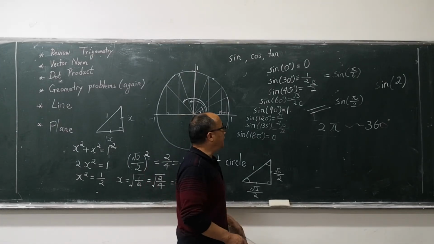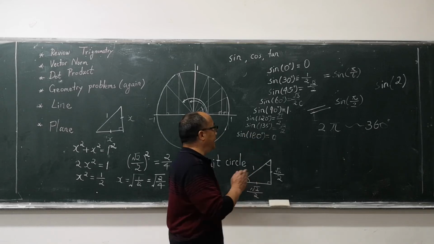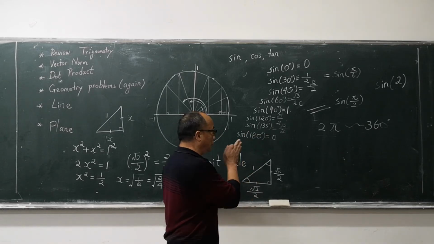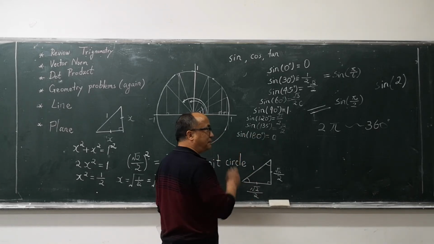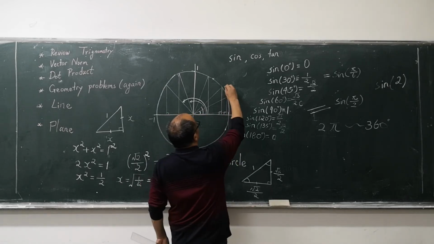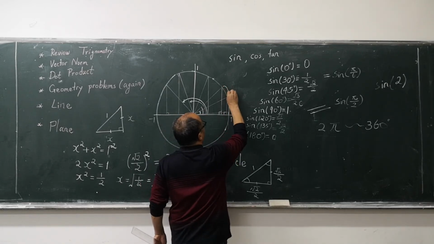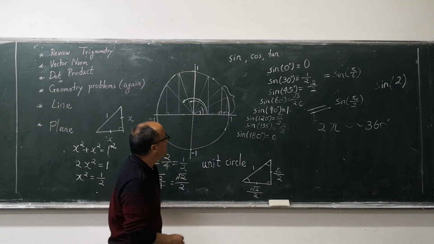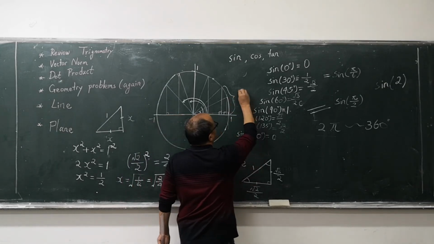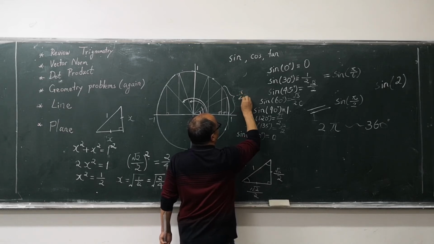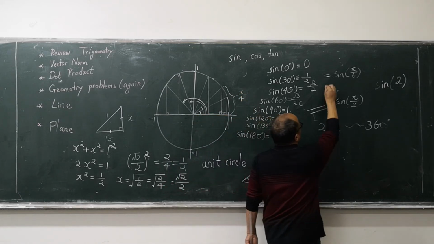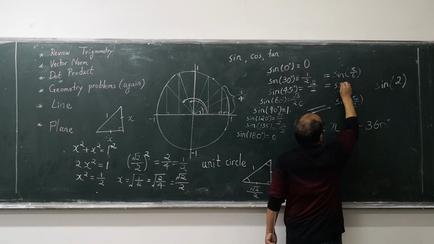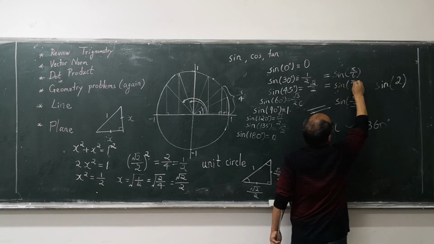And if your friend's face has turned 45 degrees, how far have you run? Pi over 4. This is pi over 4. So this is sine pi over 4.